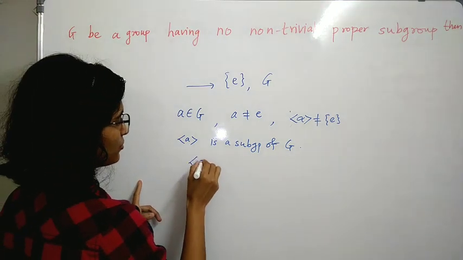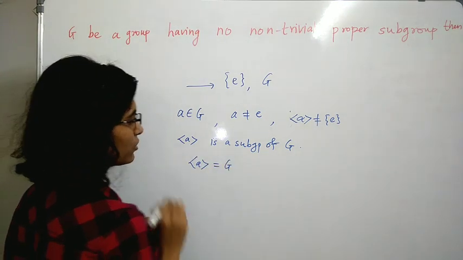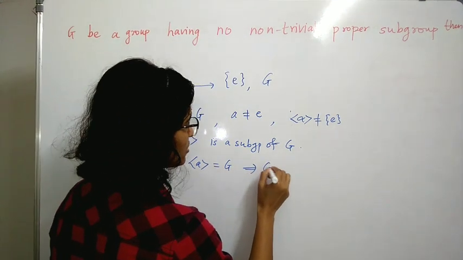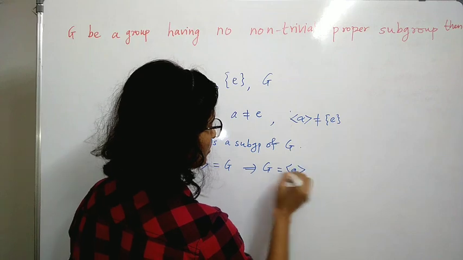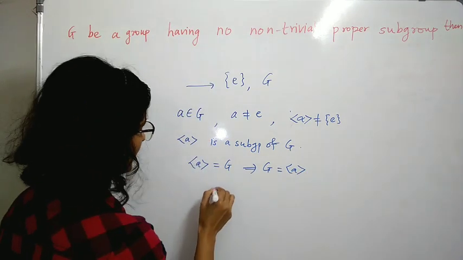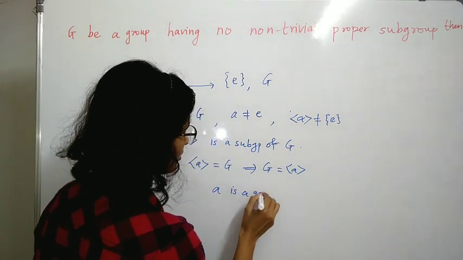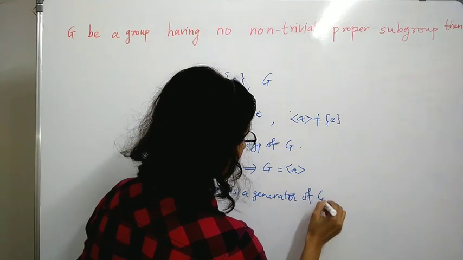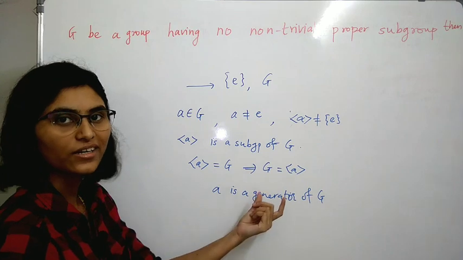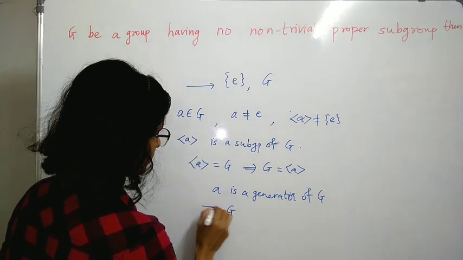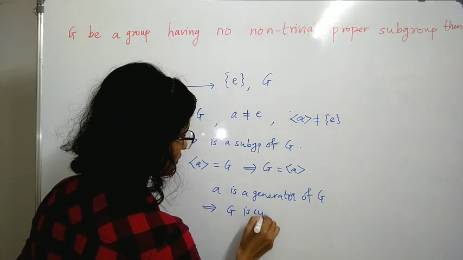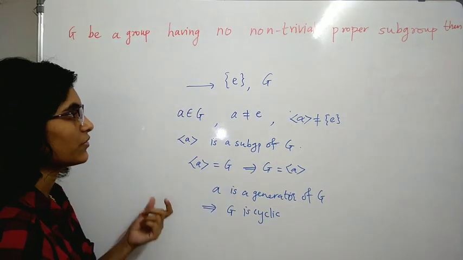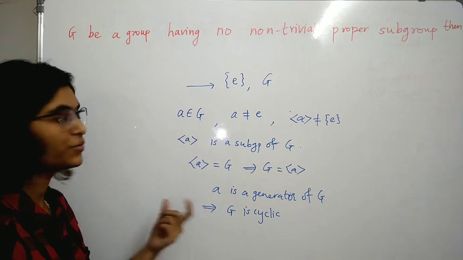So this subgroup generated by A must be equal to G. That means G is just the subgroup generated by A, that means A is a generator of G. So G has a generator and therefore G is cyclic. Now what can we say about the order of this group G?